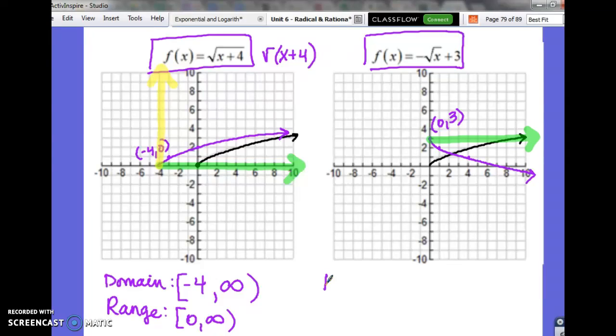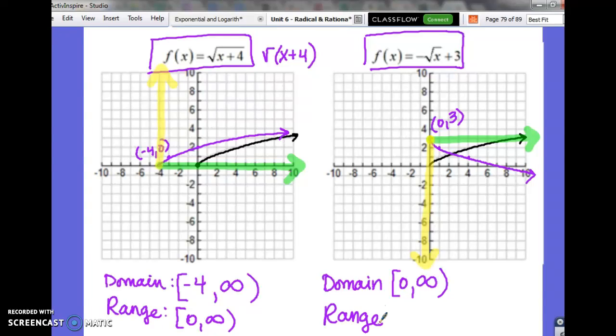So our domain, just like the parent function, will be starting at 0 and going to the right forever. Our range, though, in this one is a little bit different. The highest y value we have is at 3, and then that graph goes down forever. Although slowly, it does decrease forever.